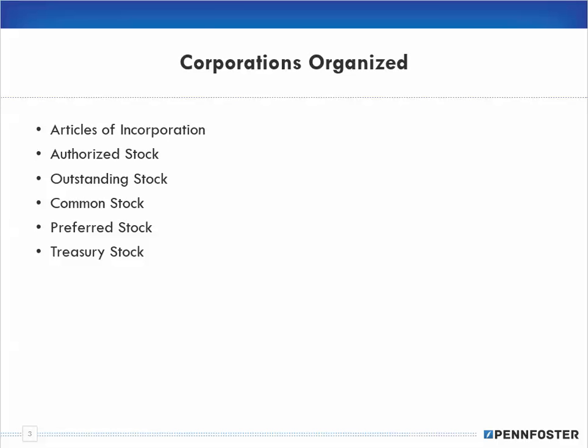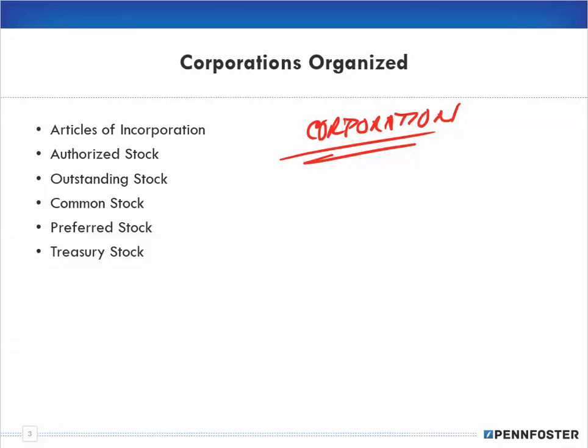Before I talk about corporations, just a quick little background to try to set things in place. Some businesses will immediately start up as a corporation because of the size that they think they're going to be.